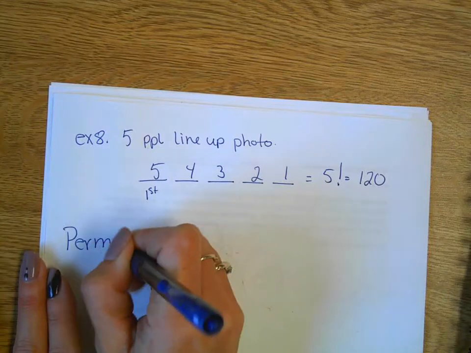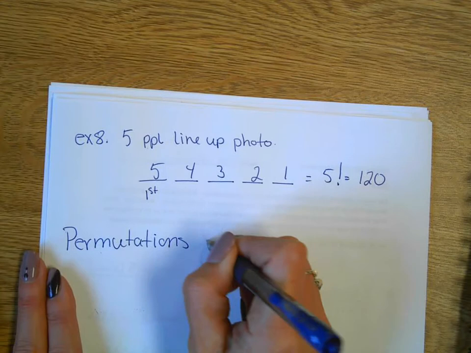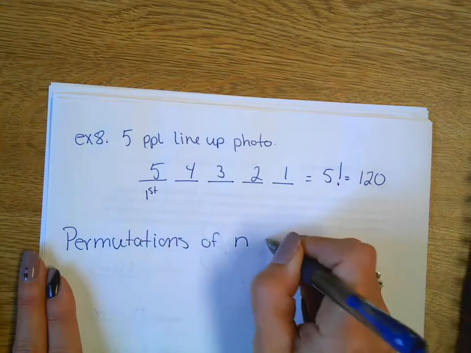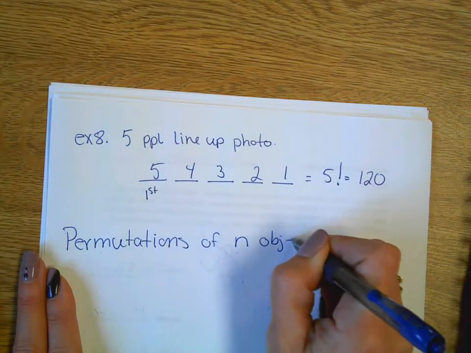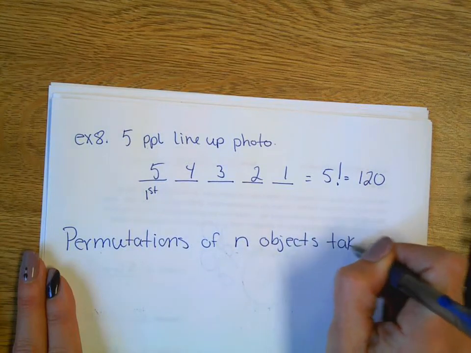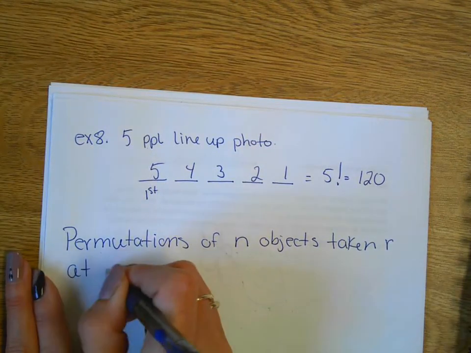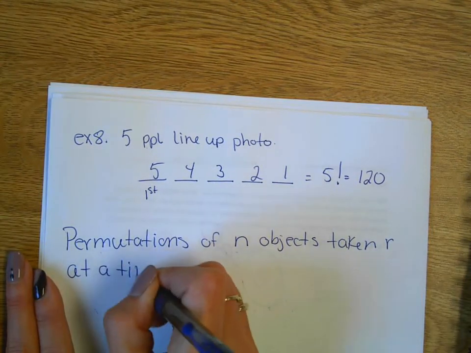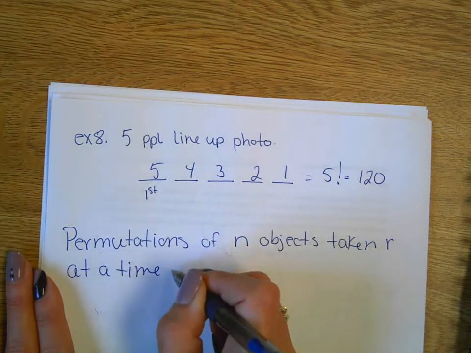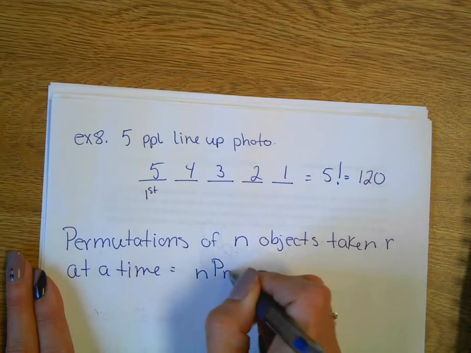So permutations of n objects taken r at a time is the nPr button.